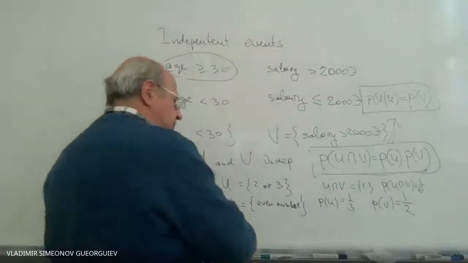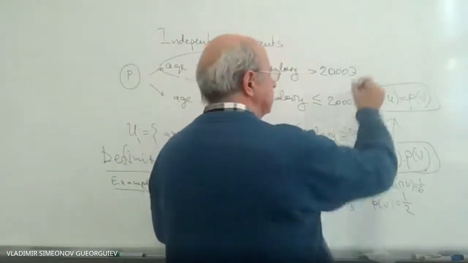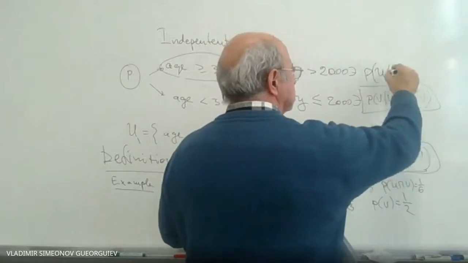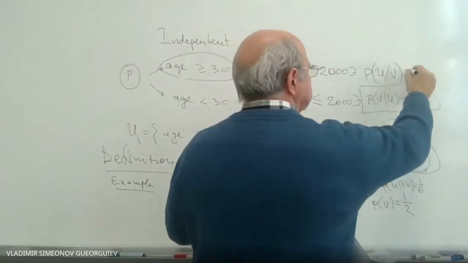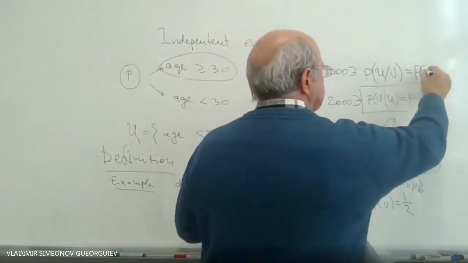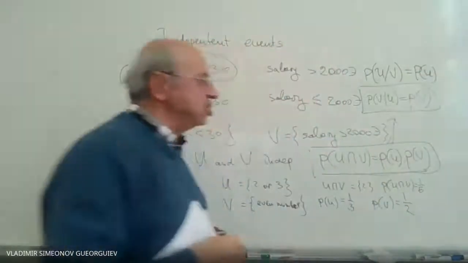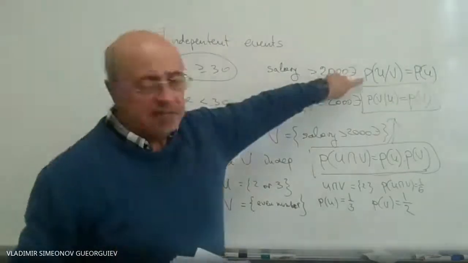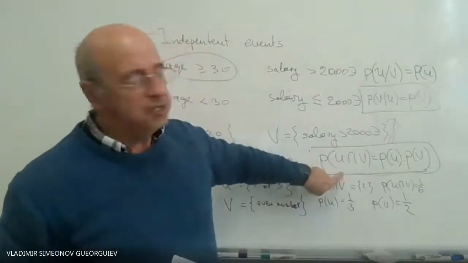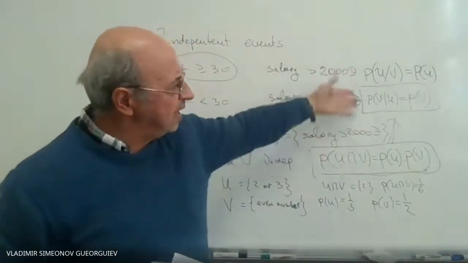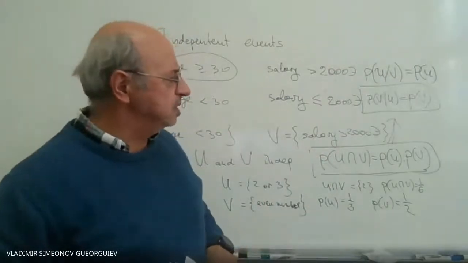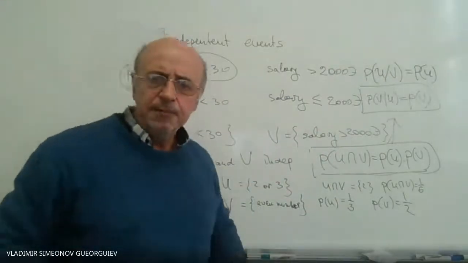And probably you can add also the other possibility. The probability of U under the condition V is exactly the probability of U. So you can exchange the roles of U and V, and it is equivalent to your original definition. All these variants can be connected with conditional probability. So thank you for this question.